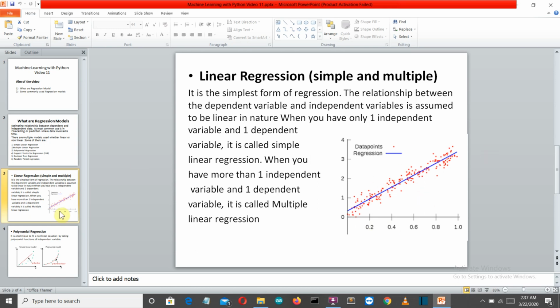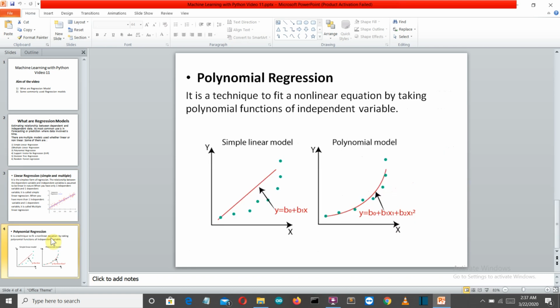Now let's move on to our second regression model, which is polynomial regression. Sometimes the data which we have, when plotted on the graph, doesn't follow a linear pattern but somewhat follows a polynomial curve pattern. There you can see we have two graphs here. In the first one, we have tried to plot a linear line, but you can see this is not satisfying the data points here.